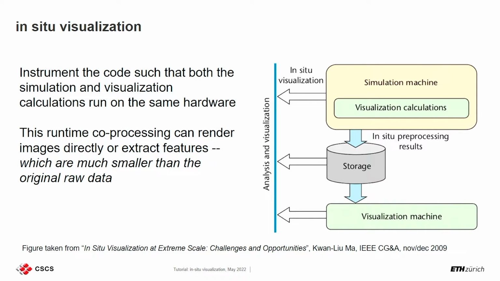We can extract data and save only the products of visualizations, which most of the time cost actually many fewer megabytes or gigabytes of data when saved to disk. Let me make a concrete example. If I have a 3D volumetric box simulation grid, if I'm only interested in a slice through the middle, that slice will cost me n squared bytes instead of n cubed bytes of data. Okay.